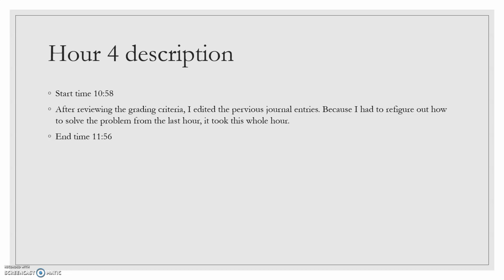I think I was missing a whole bunch of screenshots and stuff. However, because I hadn't had the screenshots, I didn't know what my answers were for the previous one. So I had to re-figure out how to do the whole previous problem, and it took a very long time.